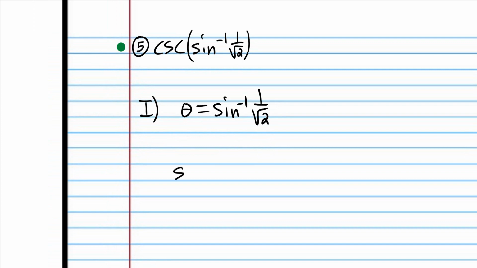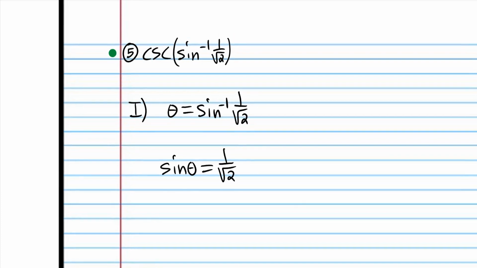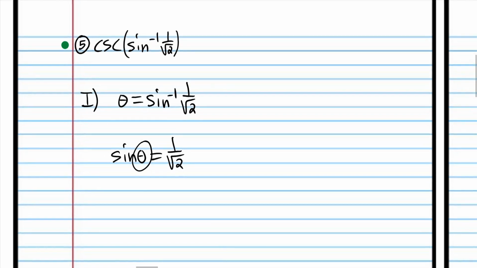Okay, we're back. If that equation is true, then by definition, this equation must be true also. And so now we see what we're looking for. We're just looking for the angle measures that make the sine function equal to 1 over root 2.